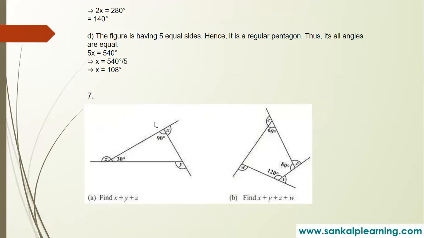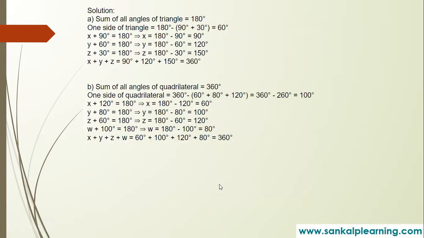If you start from x, you come back to the point x, and like that it becomes like a circle. That's why it is 360 degree. So x, y, z, w, 4 angles are here. So it is also 360.